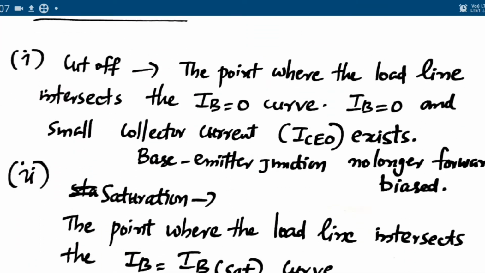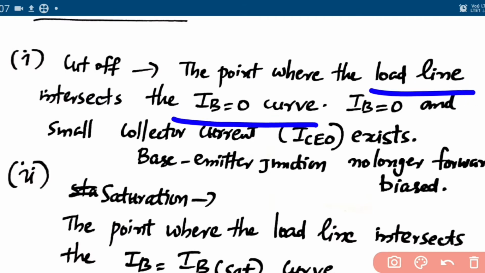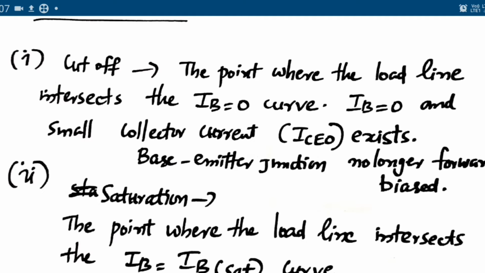And here the base current is 0 because the load line is intersecting with the IB equal to 0 curve. So base current is 0. So naturally the collector current will be 0, or there may be a small collector current IC or leakage current. And here what happens is the base emitter junction is no longer forward biased.